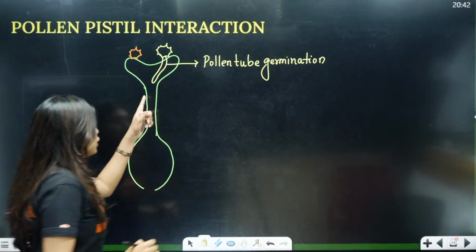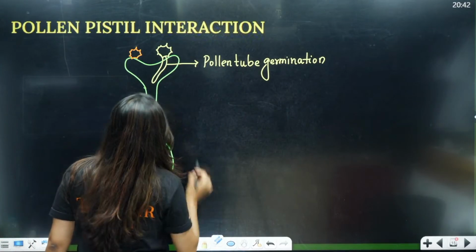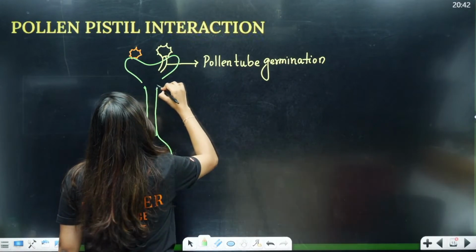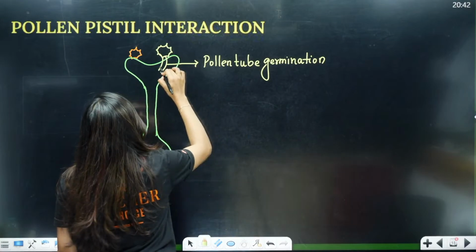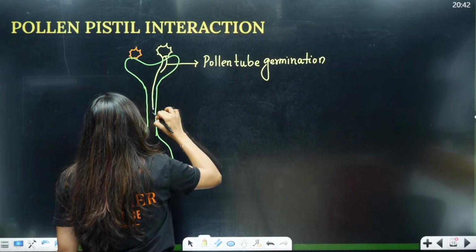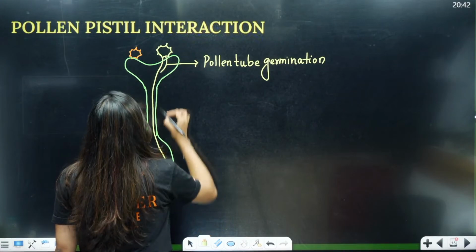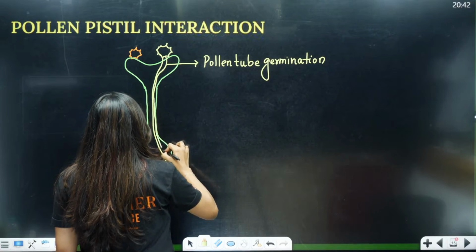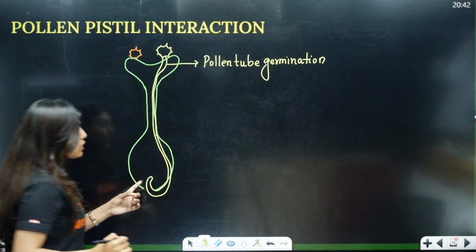So, in the pollen tube, students, let's say the pollen tube has grown all the way down like this. Where is it going to enter?